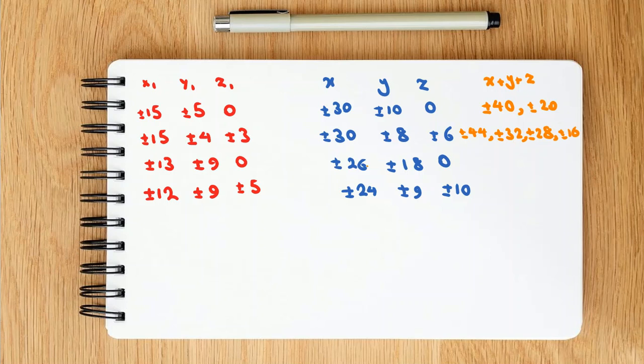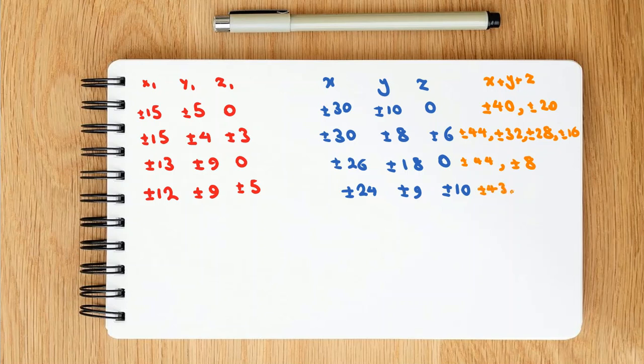We will see them. Now the next one, 26 plus 18 will be 44, plus minus 44, and 26 minus 18 will be 8, plus minus 8. The next one, 24 plus 9, 33. 33 plus 10, 43.